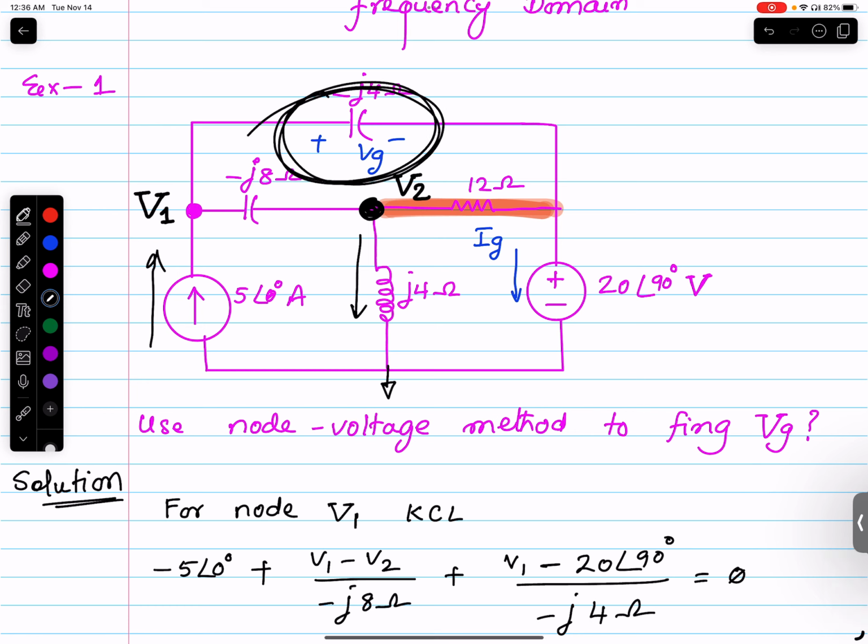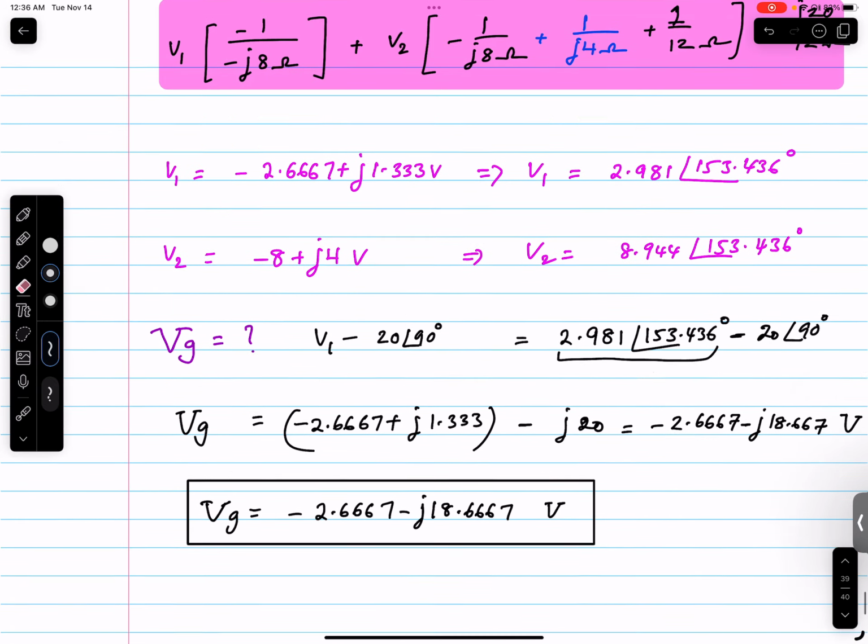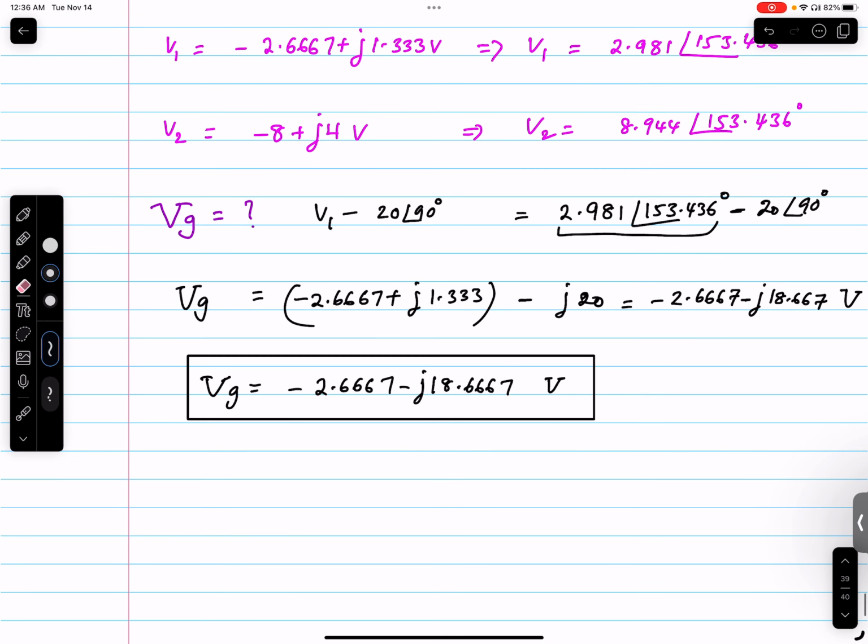All I did was to apply the node voltage method. Vg is really voltage V1 minus the voltage at that node, which is shown by the 20 angle 90 degrees. Very good. All right, so that's it for this example.